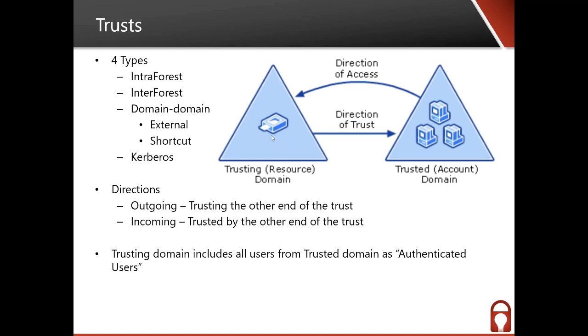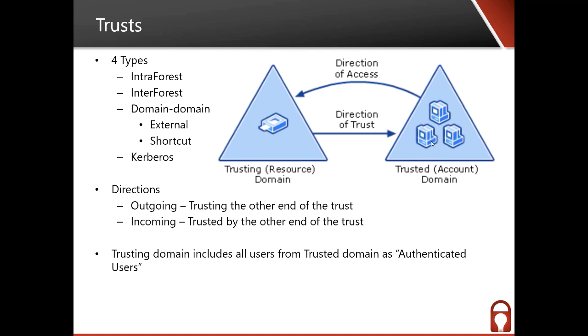So when you say you have an outgoing trust, in this case, our domain on the left trusts domain B, that means it is currently trusting the other domain. So users in this domain can access resources in this other domain. The incoming trust means that this domain is trusted by this domain.